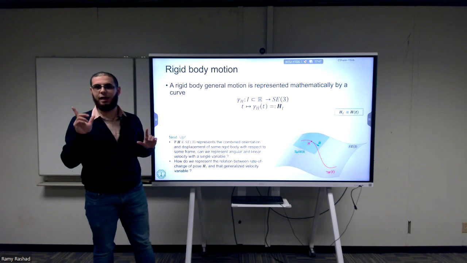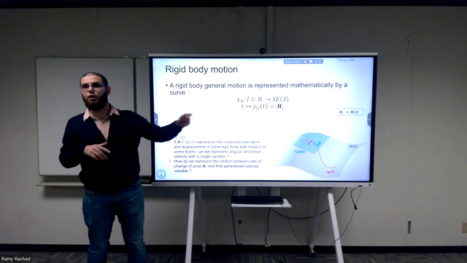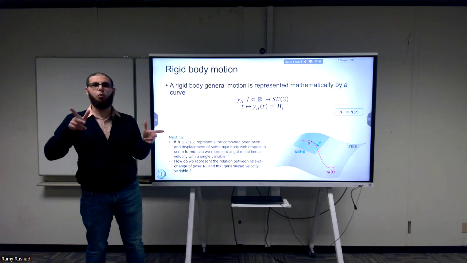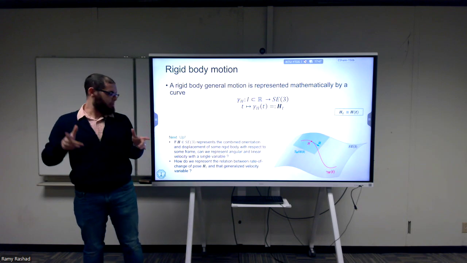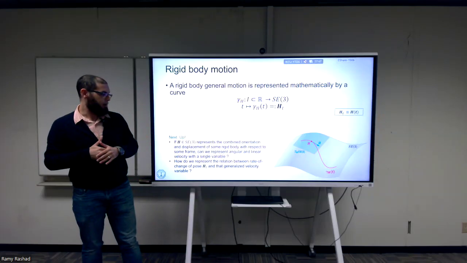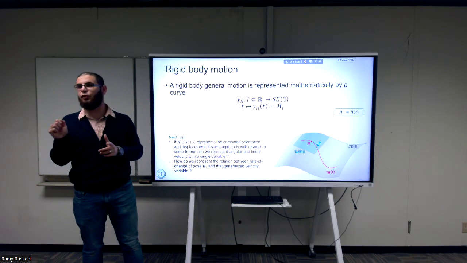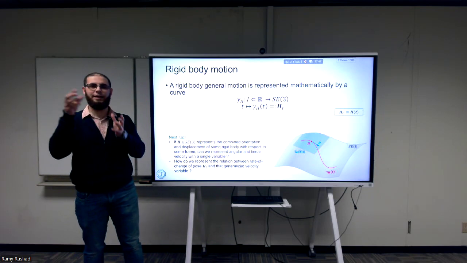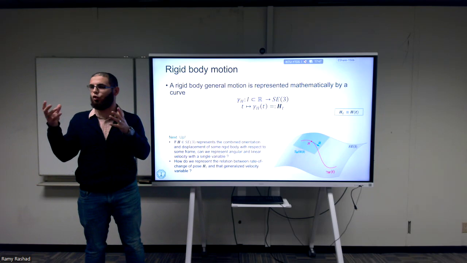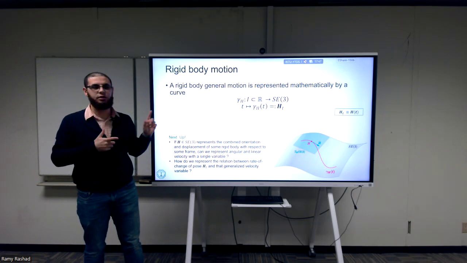Now, some questions to think about. If H, which is a point here on SE3, represents the combined orientation and displacement of some rigid body with respect to some frame, can we represent the angular and linear velocity in one combined variable? Is that possible or not? The answer is yes.